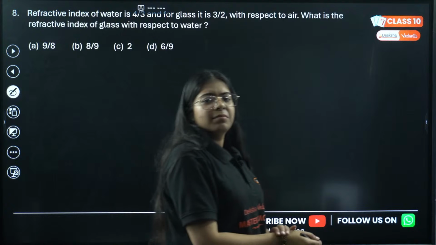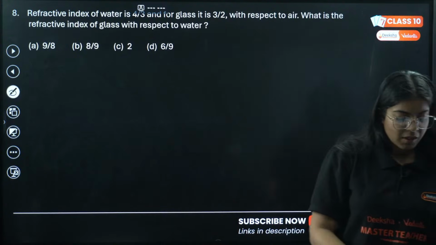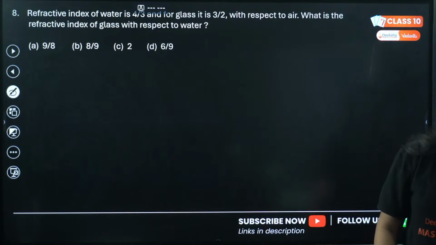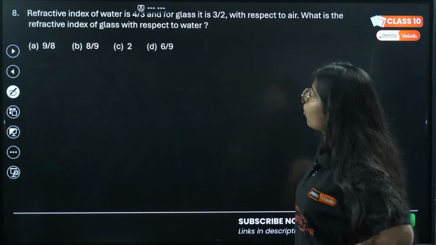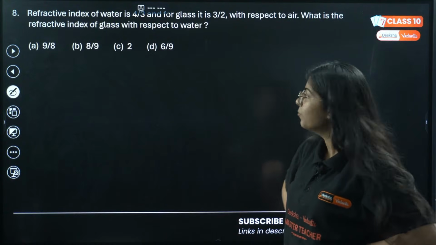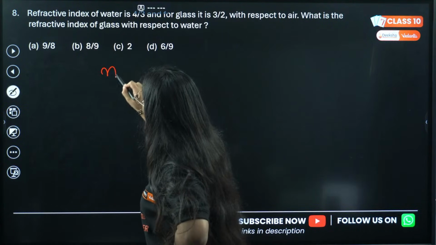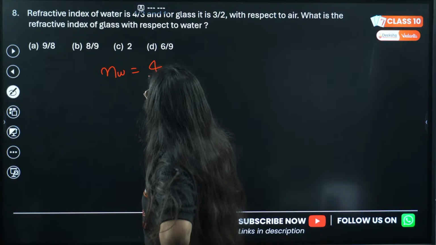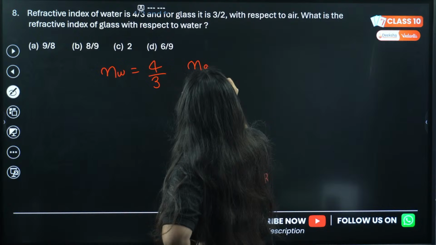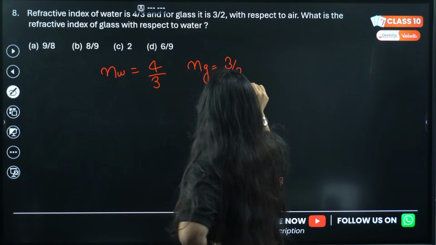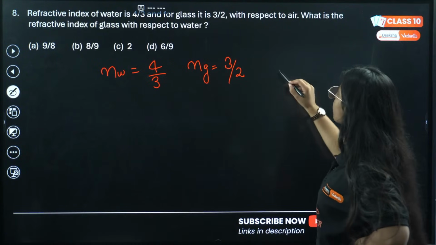Okay, very easy. Let me know in the chat, what do you think? It says the refractive index of water is 4/3 and for glass it's 3/2, both with respect to air.